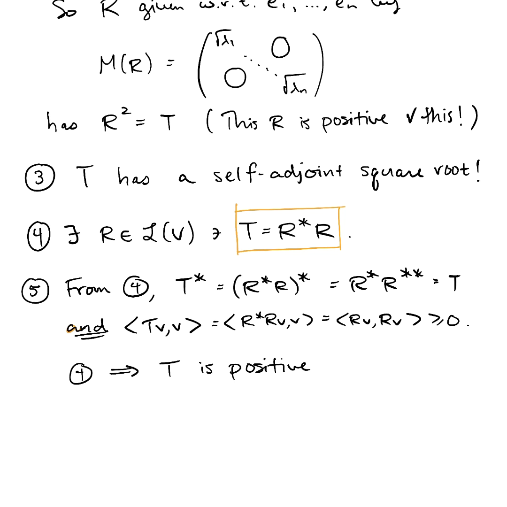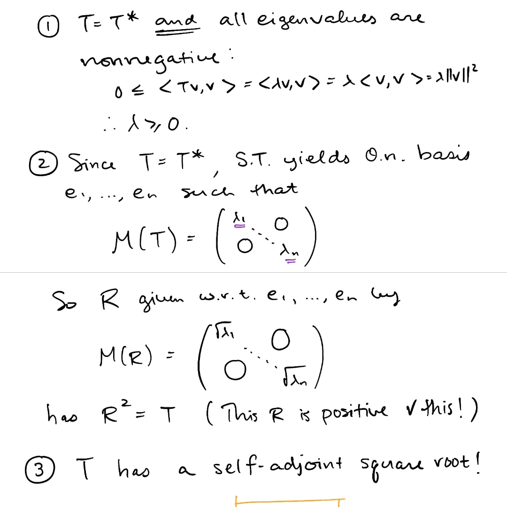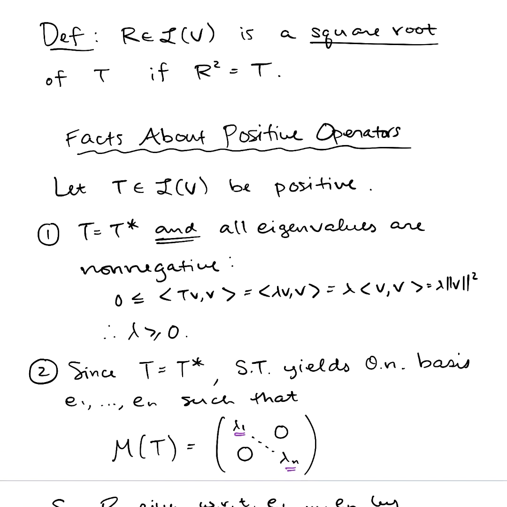Okay, wait, what did we just show? Hang on, back up. This section of the discussion is called Facts About Positive Operators, and it began with this supposition. Let T be a positive operator. And then a bunch of things followed.